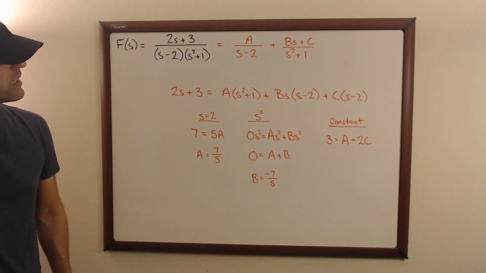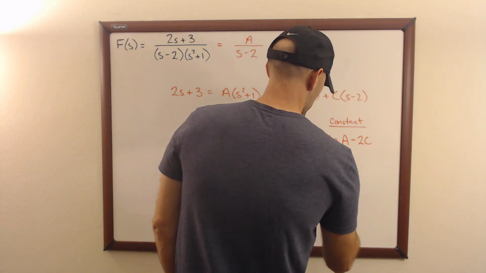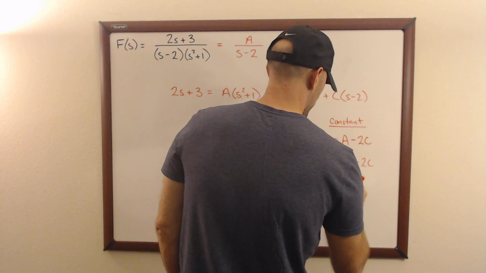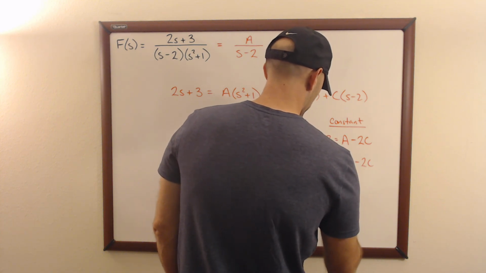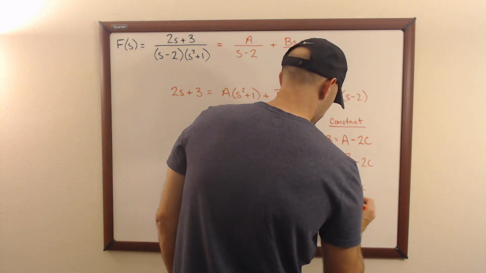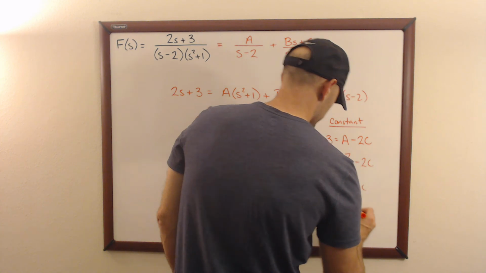It's pretty nice, right? And again, I know what a is. A is 7/5. So we have 3 is equal to 7/5 minus 2c. Subtract this over, you've got 8/5 equals negative 2c, and therefore negative 4/5 is equal to c.